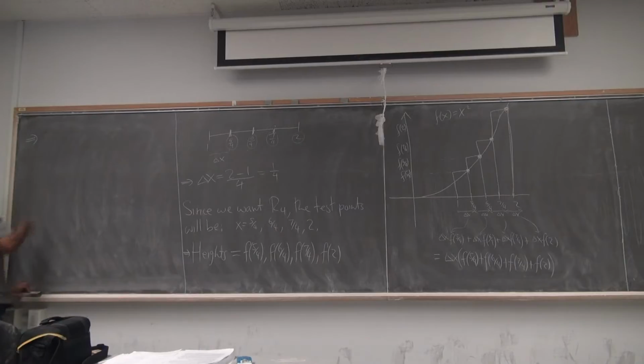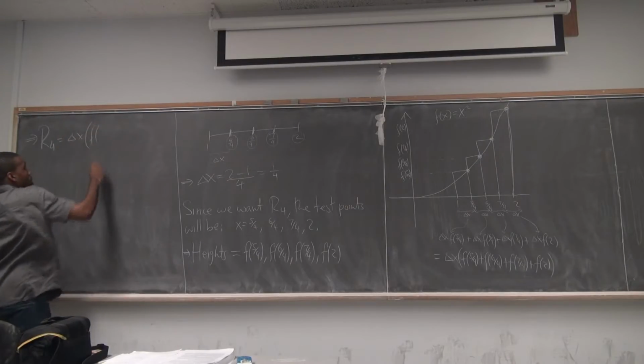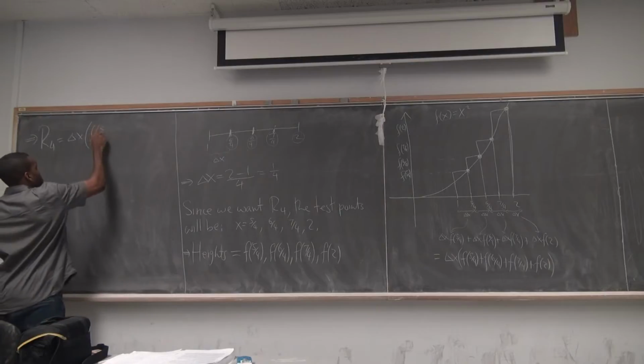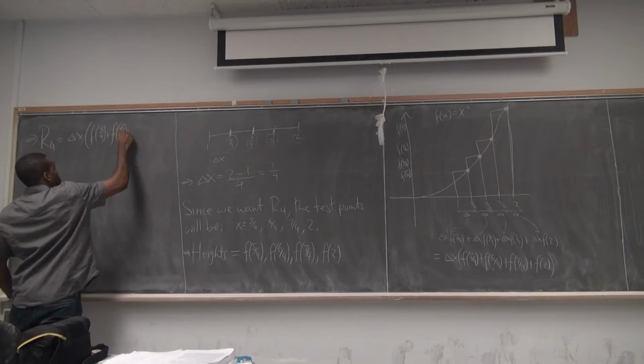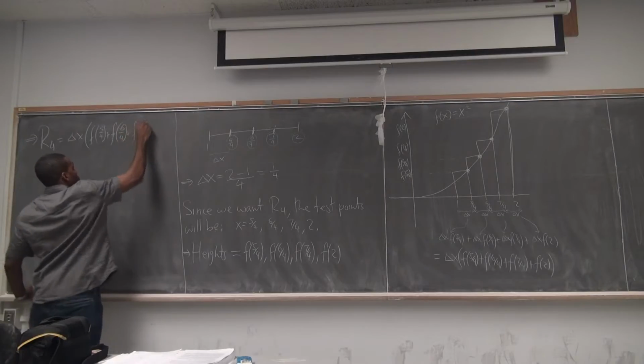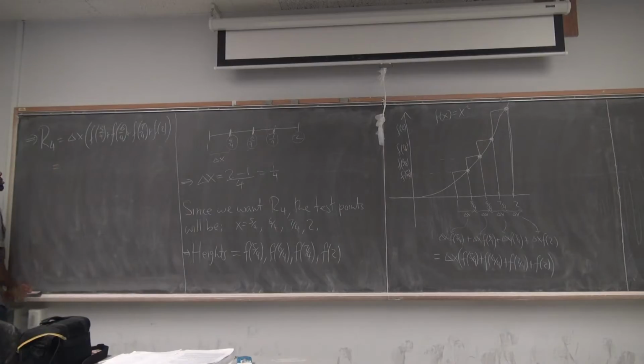And so now, if I wanted to find R4, R4 would simply be delta x times f of 5/4 plus f of 6/4 plus f of 7/4 plus f of 2. Now my delta x I know is 1/4. What's f of 5/4?